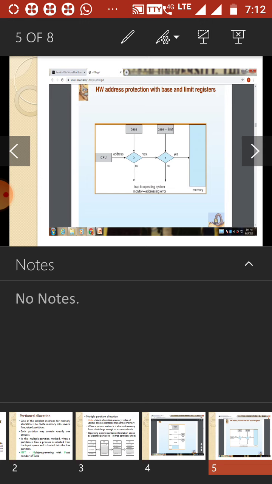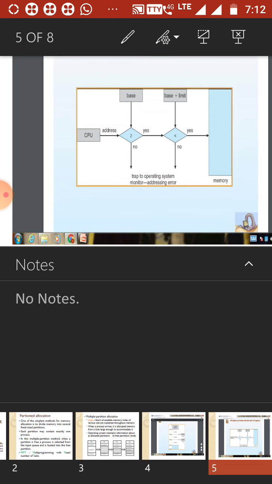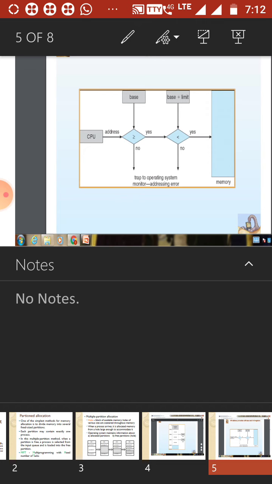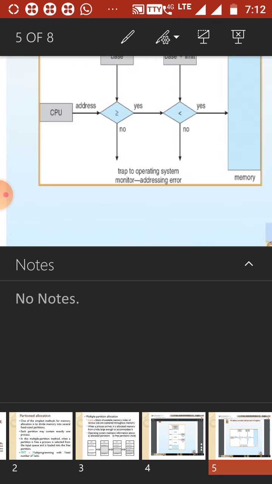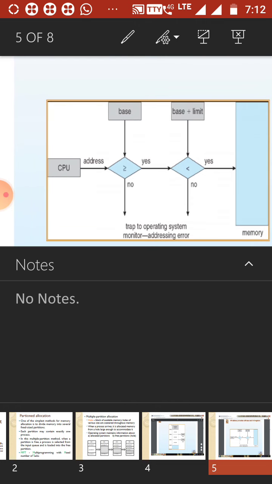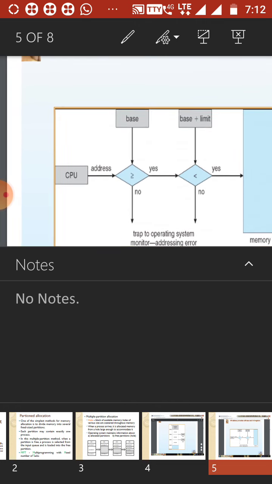So come to understand this concept. At the time of execution, the CPU generates one address, and this address is verified for whether it is a valid address or not. The address generated by the CPU must be greater than or equal to the base register, and it must be within base plus limit register, otherwise it generates an error message.